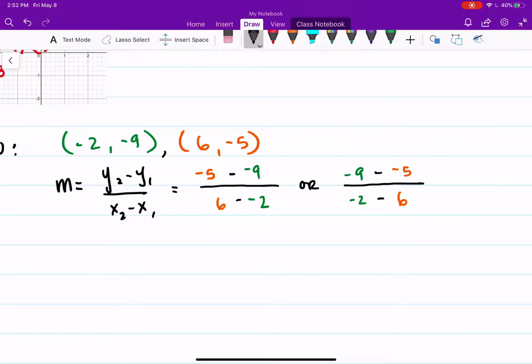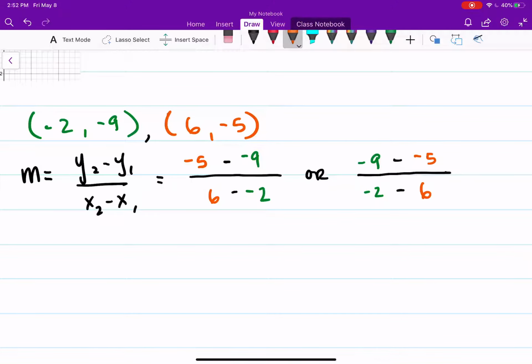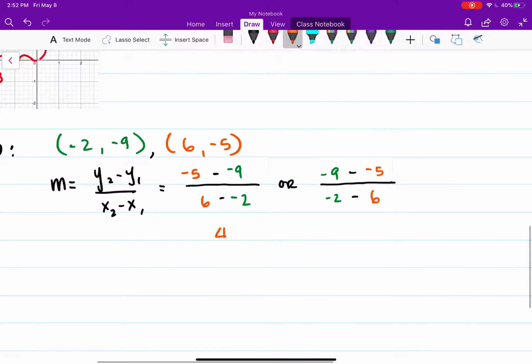So no matter how we do it, if I did the orange point first here, this is -5 plus a 9, so that's a 4, over 6 plus a 2, which is 8. So this slope is equal to 1/2. Well, let's take a look at over here.